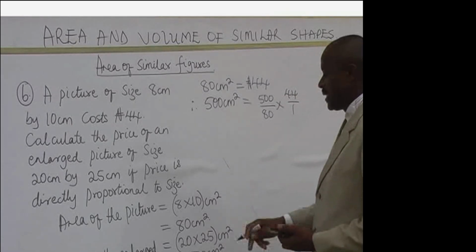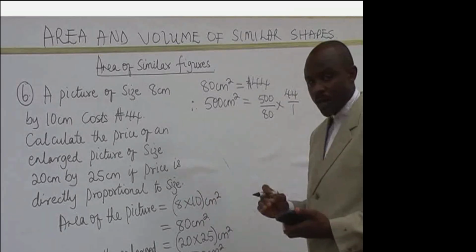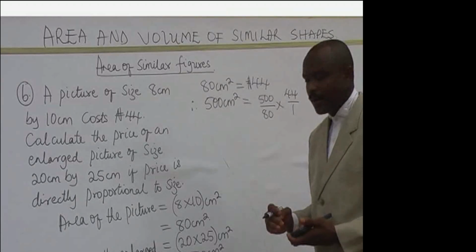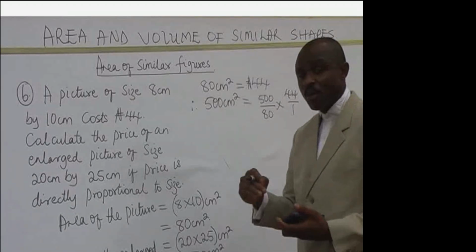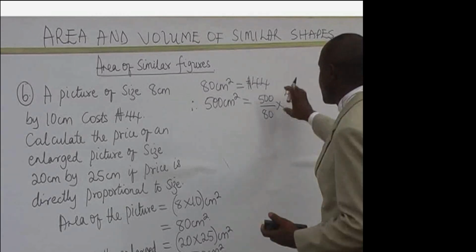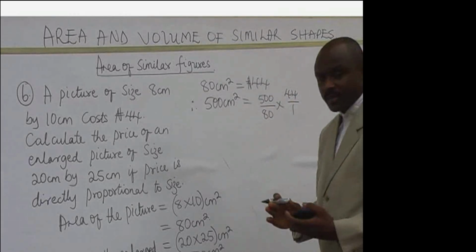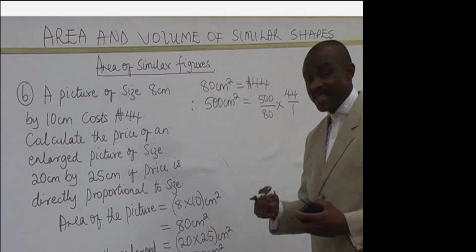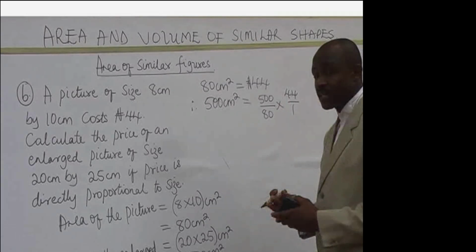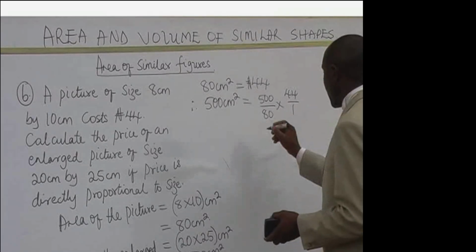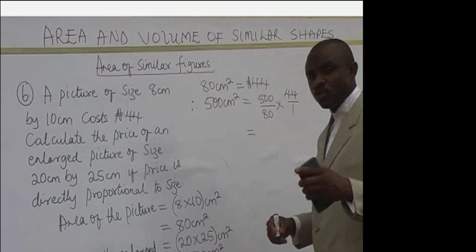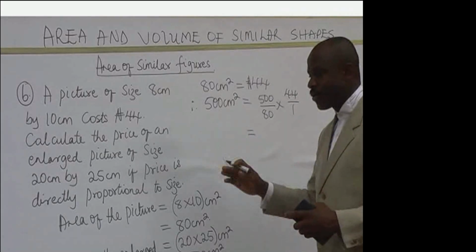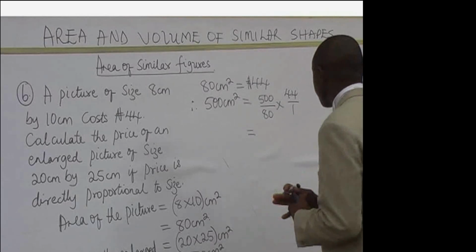If the size is directly proportional to the price, then this relationship will be correct. If it is inversely proportional, this relationship is not correct. Don't worry, when we get into proportions, you're going to understand what I'm saying. I don't want to go deep into it.